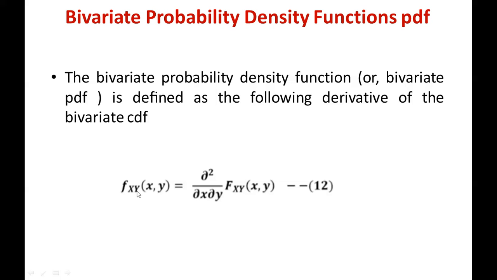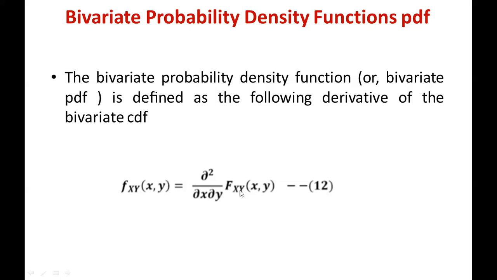If it is a single random variable, we write only X. Similarly, for the CDF also, the subscript is capital XY. Within the bracket, small letters x comma y indicate the bivariate variables x and y.